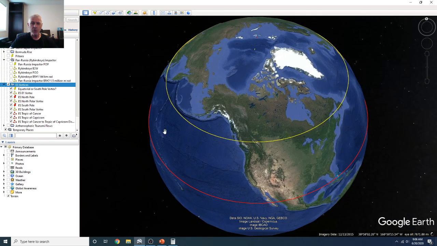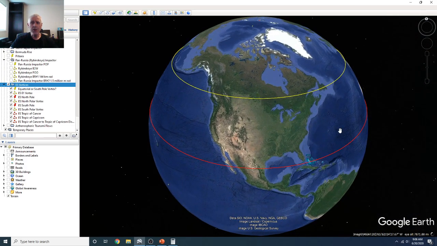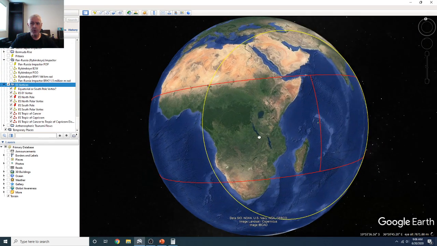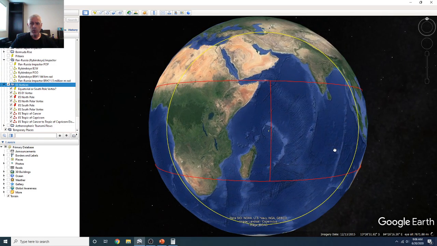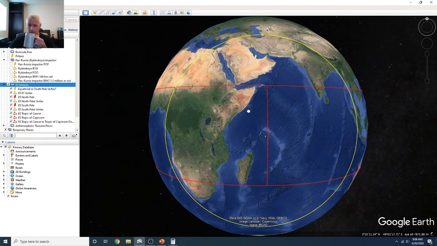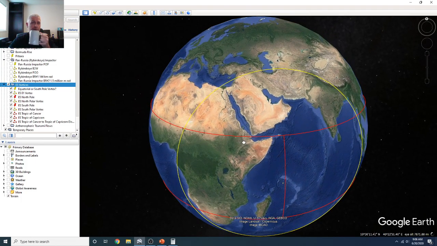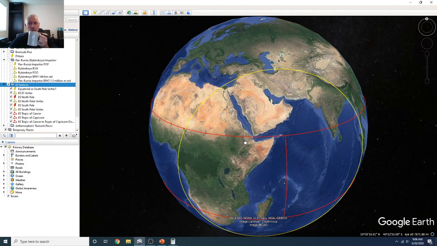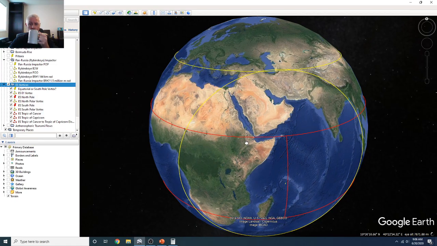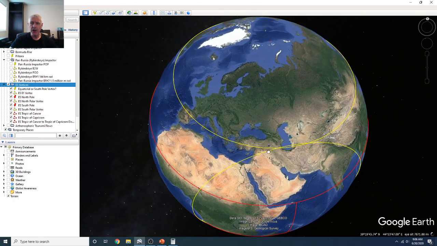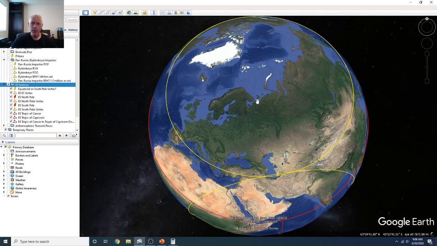So it probably was not the impactor that would have, say for instance, activated this equatorial vortex. So that means this equatorial vortex was activated by something else, either another impactor of similar size, or something else entirely that I haven't been able to put my finger on.